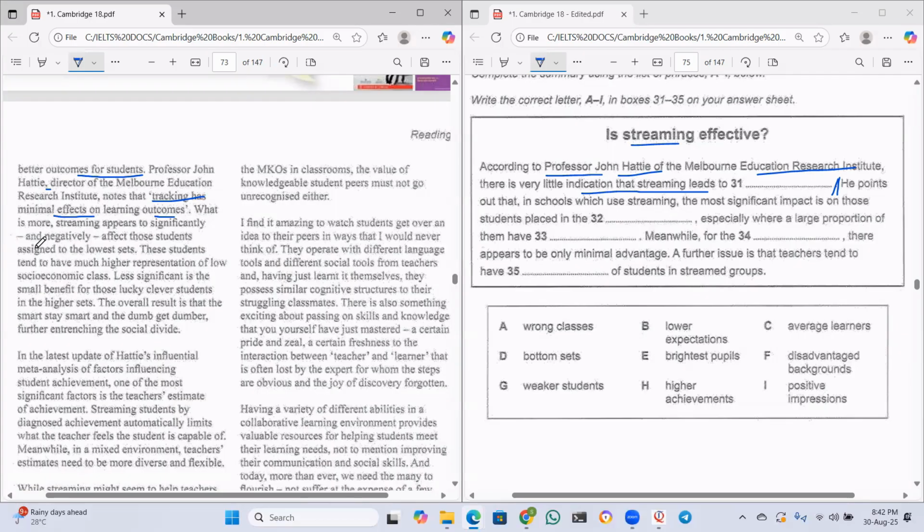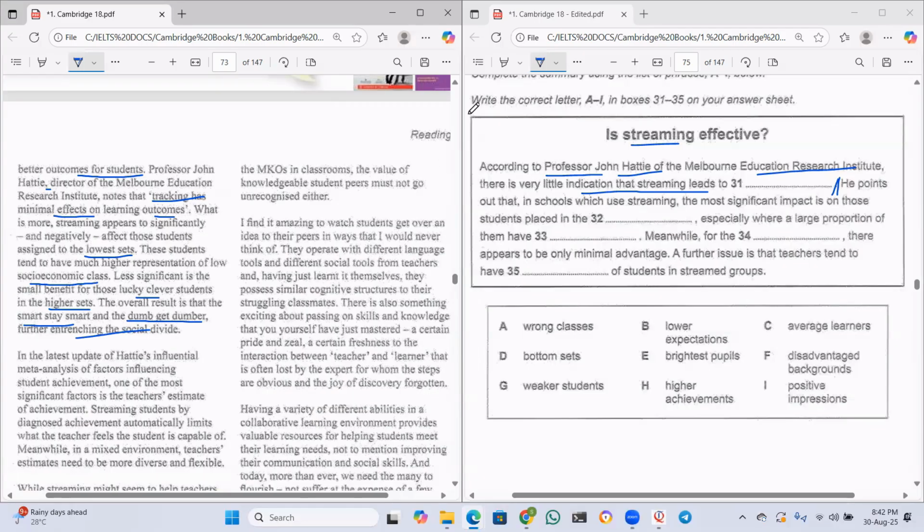What is more, streaming appears to significantly and negatively affect those students assigned to the lowest sets. These students tend to have much higher representation of low socioeconomic class. Less significant is the small benefit for those lucky, clever students in the higher sets. Okay, the overall result is that the smart stay smarter and the dumb get dumber, further entrenching the social divide.